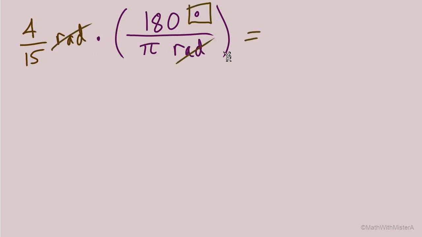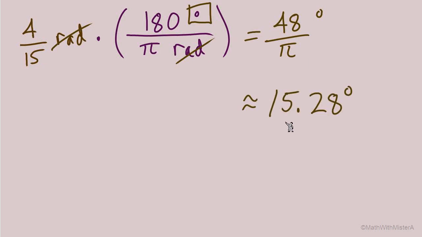The radian units will cancel. I'll have degrees for my units for the answer. I'm trying to stay exact, so I'm keeping this in terms of pi. I just noticed that 4/15 times 180 equaled 48. So as an exact degree measure, 48 over pi, and as a decimal approximation, about 15.28 degrees.